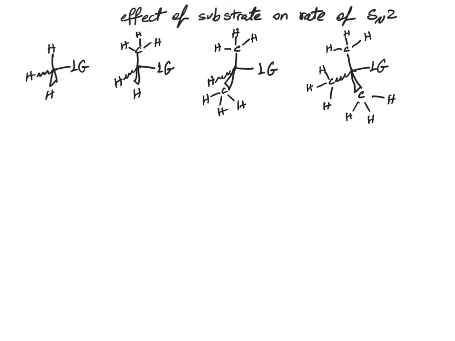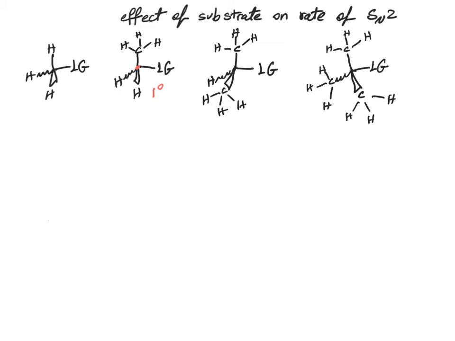Now let's see what type of substrate is more reactive in SN2. Remember, we have methyl substrates, a methyl group which is bonded to the leaving group, primary substrates, where the alpha carbon is primary, like this one. This is a primary substrate.